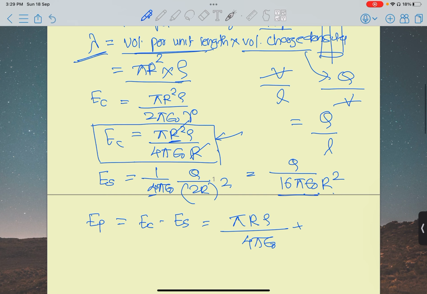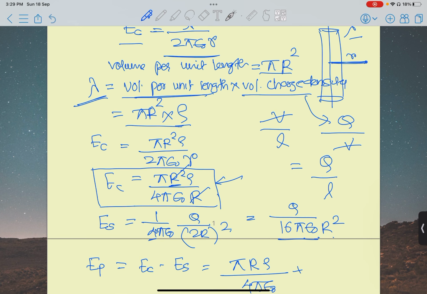Q is the charge on the sphere, by the way. But how will you find the charge on the sphere?